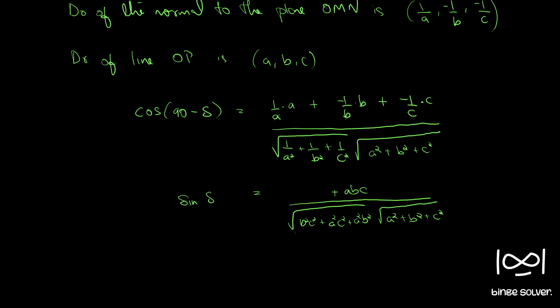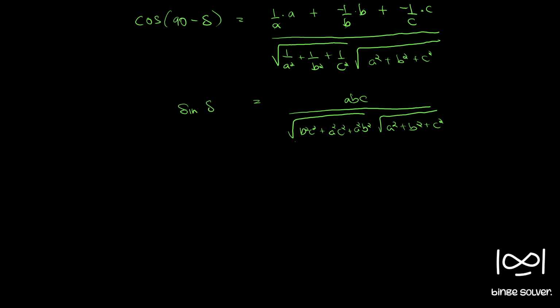So delta is equal to sine inverse of abc by the root of b square c square plus a square c square plus a square b square.